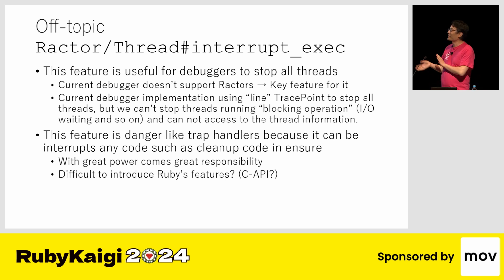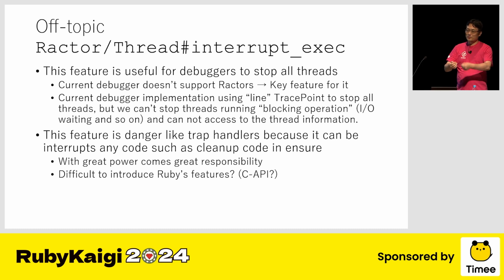This is not about Ractor.require, but about the debugger. Ractor interrupt exec or thread interrupt exec can be a key feature for the debugger. Just now, at a breakpoint, we stop all threads with the trace point, but we can't stop IO-blocking threads or something like that.